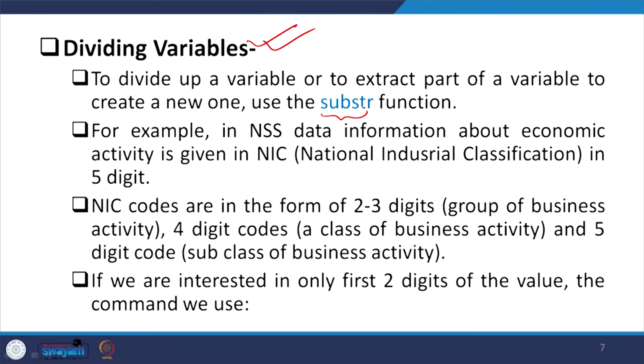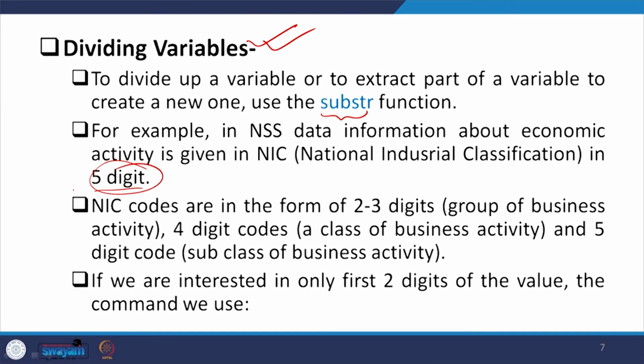The NIC classification of the enterprises we are considering for the NSS 7th round is given at the 5-digit level. But what do you mean by a 5-digit level? There must be some meaning.